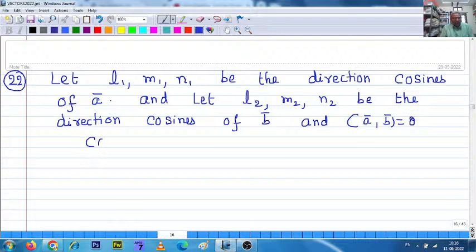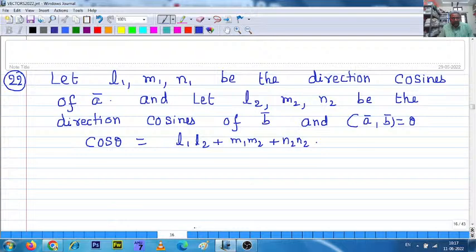Then we can write cos theta is equal to, in a very simple manner, if you know the direction cosines of the two vectors, L1 L2 plus M1 M2 plus N1 N2. So if these two vectors are perpendicular, L1 L2 plus M1 M2 plus N1 N2 becomes 0. If these two vectors are parallel to each other, then L1 by L2 is equal to M1 by M2 is equal to N1 by N2. That we have discussed in 3D also. Right.